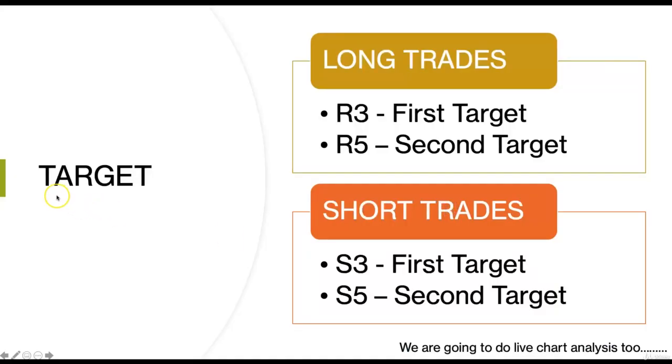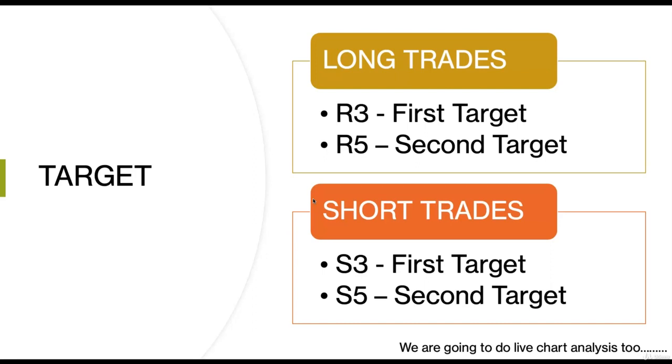Now, importantly, we are going to look for the targets. For the long trades, our first target is R3 and our second target is R5. For the short trades, our first target is S3 and our second target is S5. Now what you are going to do here is distribute your quantity, keeping a 1/3 portion for R5.